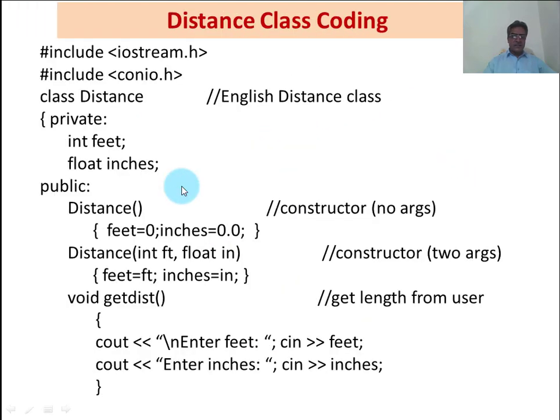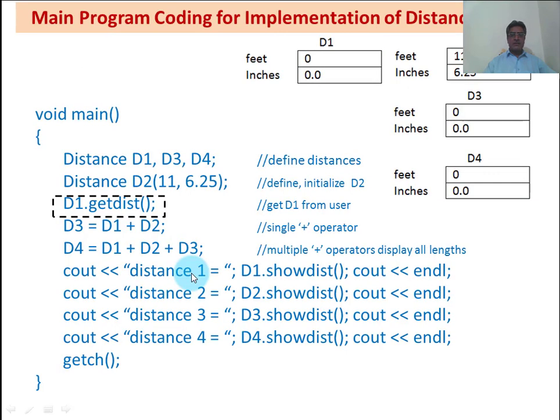So this specific constructor's ft will accept 11 and in will accept 6.25, and will store the ft value in feet and the in value in inches of d2's memory. You may see here in the memory of d2 feet contains 11 and inches contains 6.25.